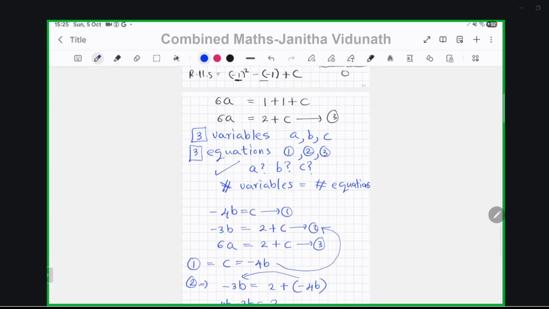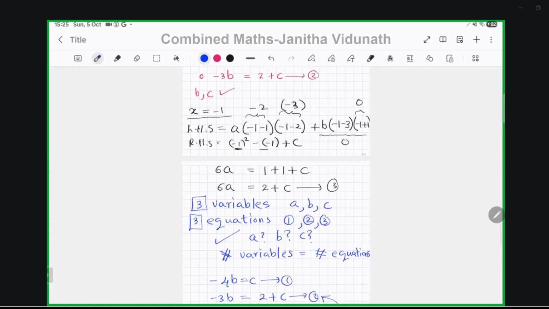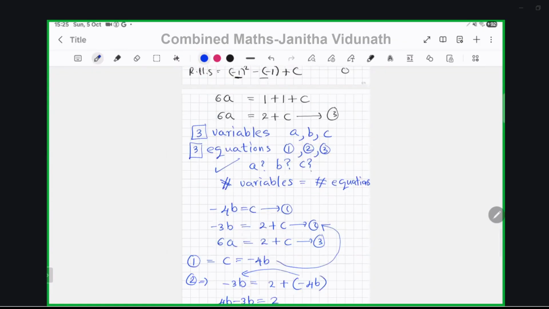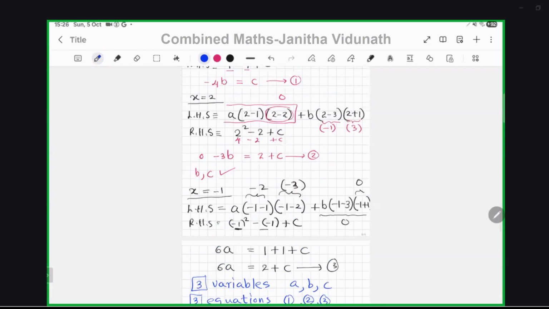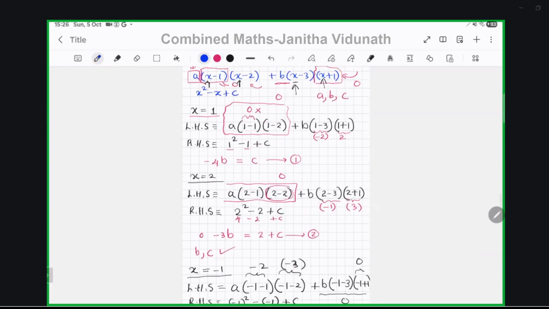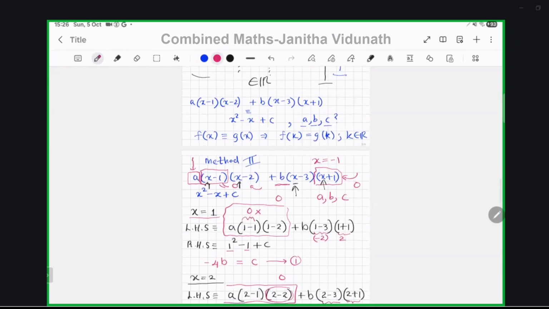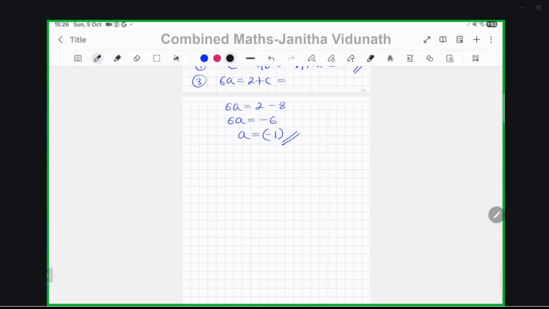Okay. Here we solve the similar equation by substituting appropriate values for our variable. If we have this kind of expression, we simply substitute the values that make these brackets equal to 0. Here, let me repeat.